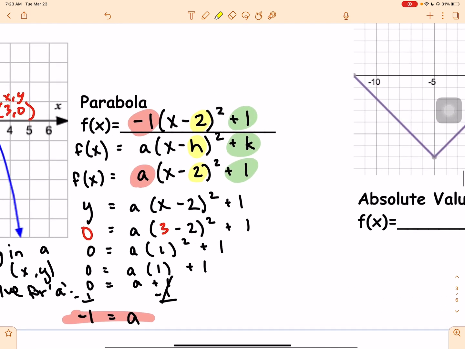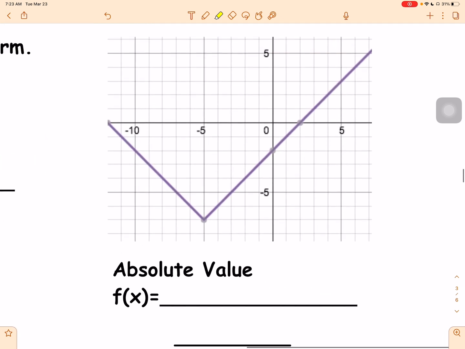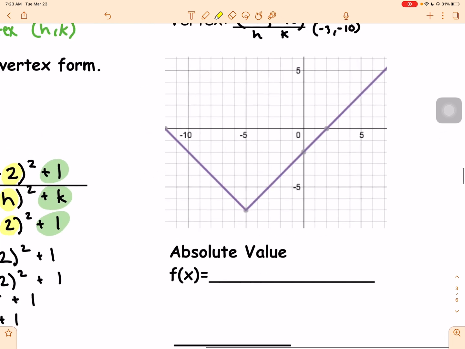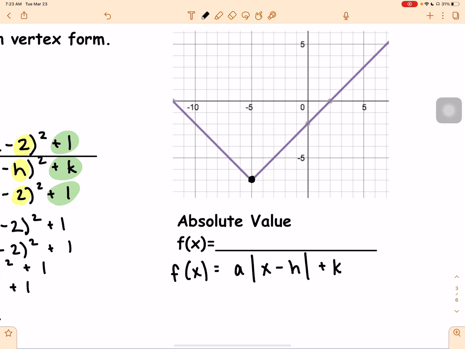All right, so let's do the same thing with this absolute value. The absolute value vertex form is very similar to the parabola. So absolute value would be f of x equals a times the absolute value of x minus h, plus k. The first thing is the vertex. This vertex is negative 5 comma negative 7.